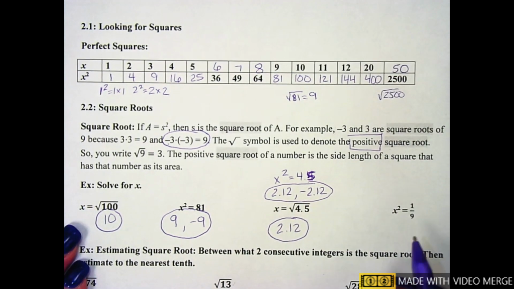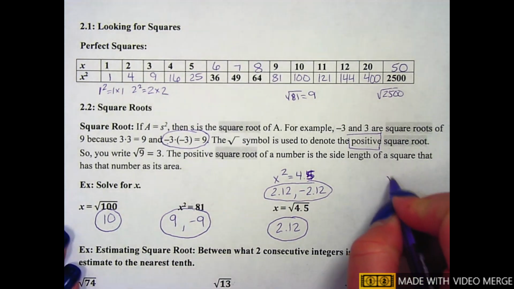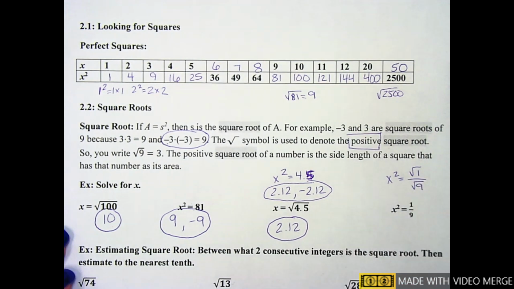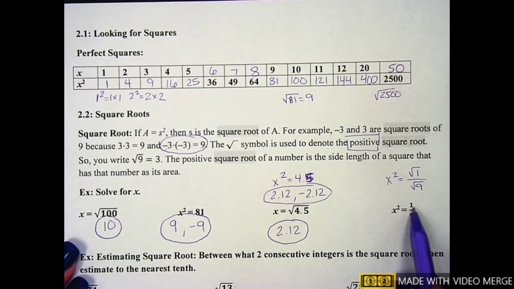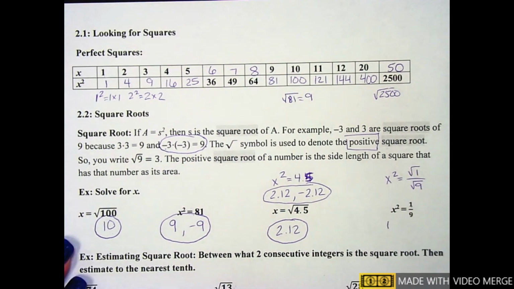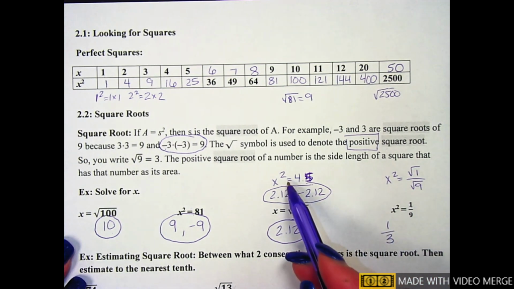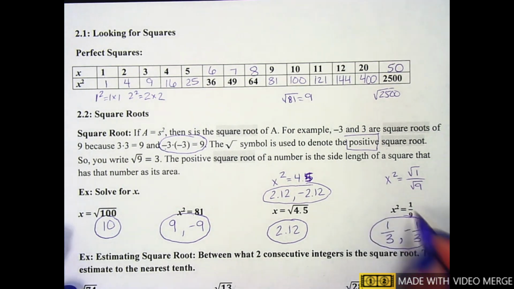One more: if it's a fraction, treat it as 2 separate problems. In this one, I'm really looking for the square root of 1 over the square root of 9. What times what would make 1? 1. And then what times itself would make 9 would be 3. Since they had this square though, just like last time, I could also have negative 1/3 times negative 1/3 equal 1/9.